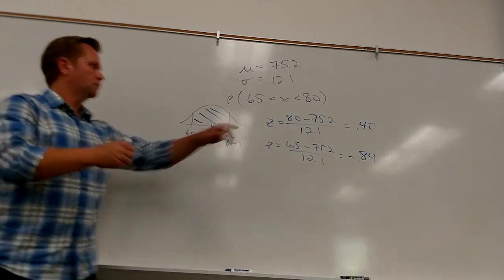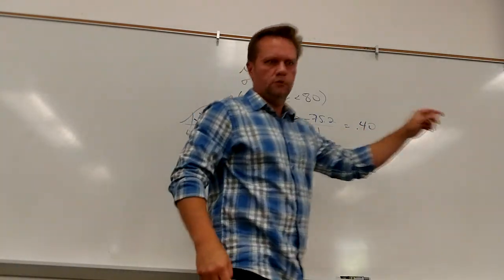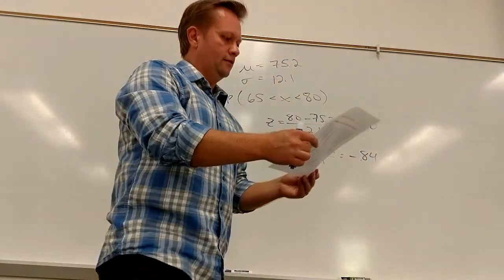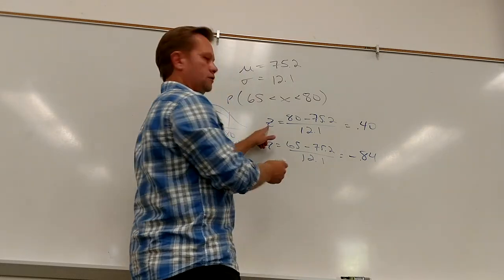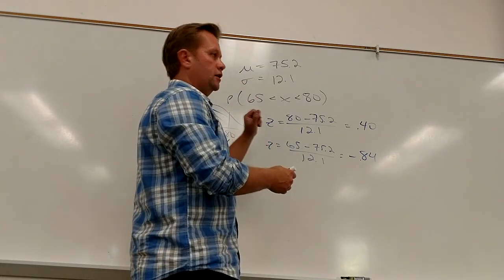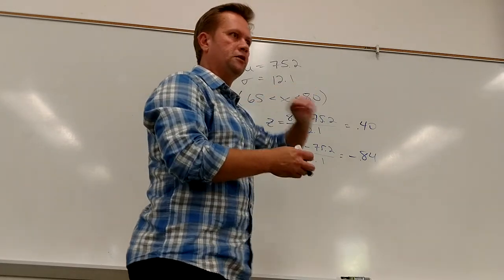What do you guys get for 0.4 area? Are we going to be able to use the chart for the test? Yeah, I had it up here a minute ago for the formula sheet.